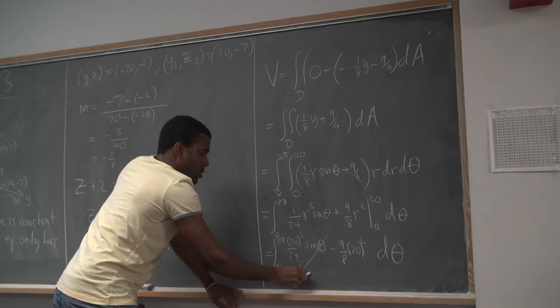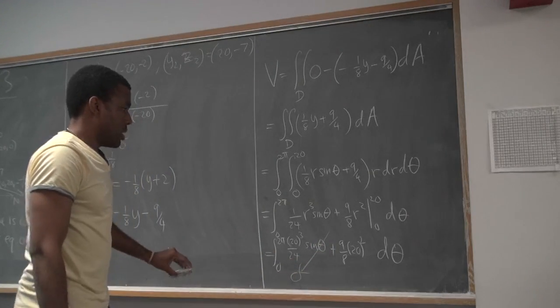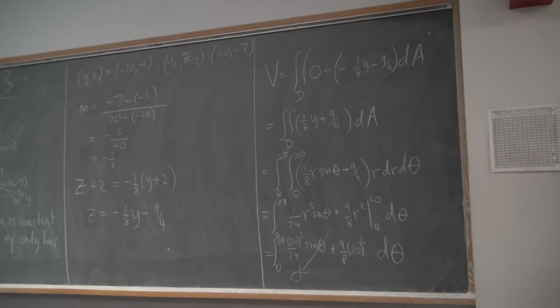But remember, sine will give you 0, so you just ignore that part. It's a plus. And so we have 9 over 8 20 squared times 2 pi. This is 9 over 4, 20 squared is what, 400?